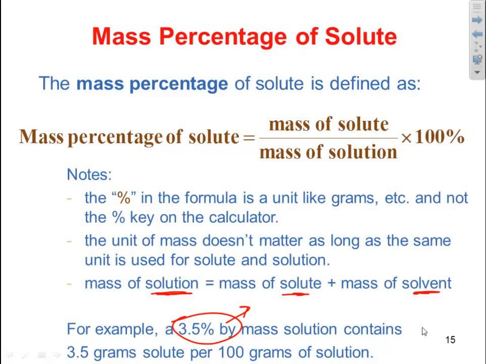Anytime I see that percent, I can rewrite that as 3.5 grams of my solute per 100 grams of solution, so I can get it in units that I can cancel, which we'll show you in the next example.